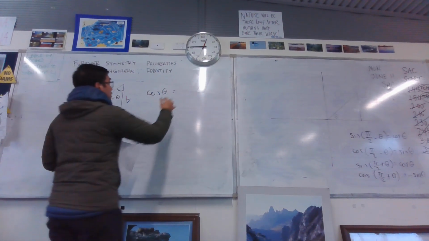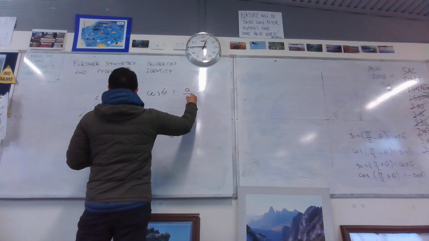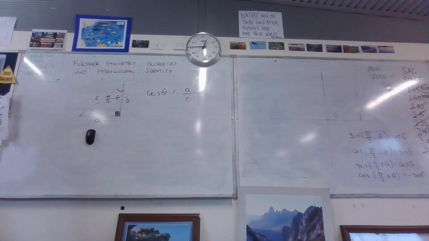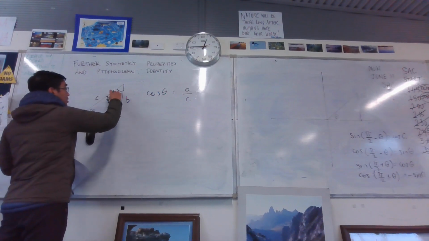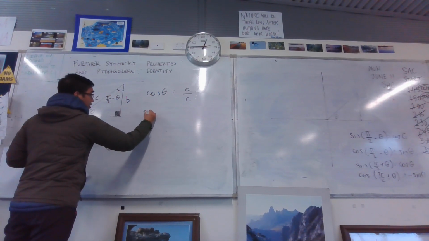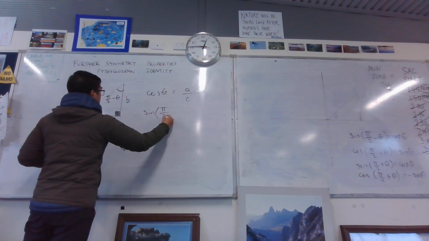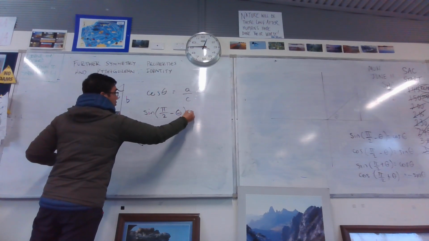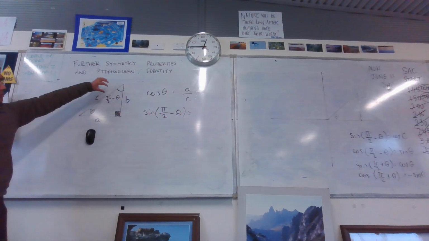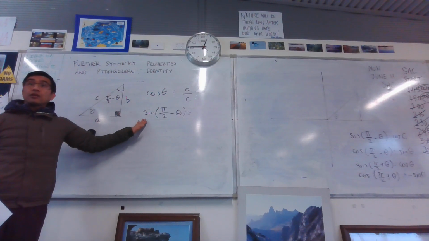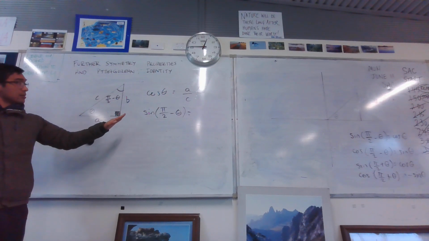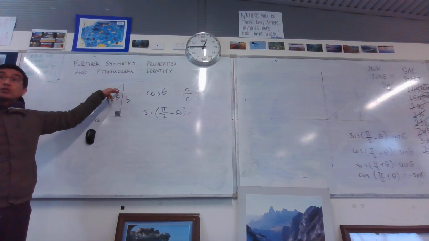A and C. Okay. Now, so we've gone from one corner. Now let's look carefully. Let's go from this corner here. What if I did the sine of pi on 2 take away the angle? That means we're coming from this corner, but the sine now. Nathan, what two letters make the sine from this corner?